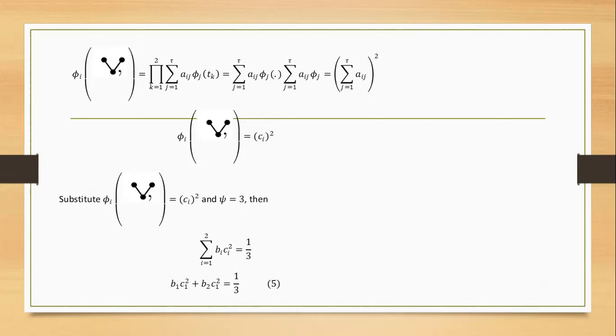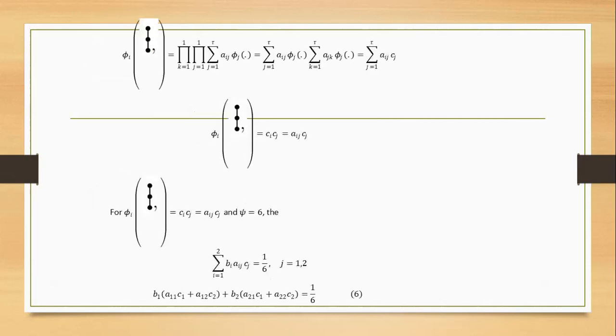Then if I substitute that into my equation 1, I have the summation from i equals 1 to 2 of bi ci squared equals 1 over 3, since the density of this tree is 3. Then if I expand it, I have b1 c1 squared plus b2 c2 squared.